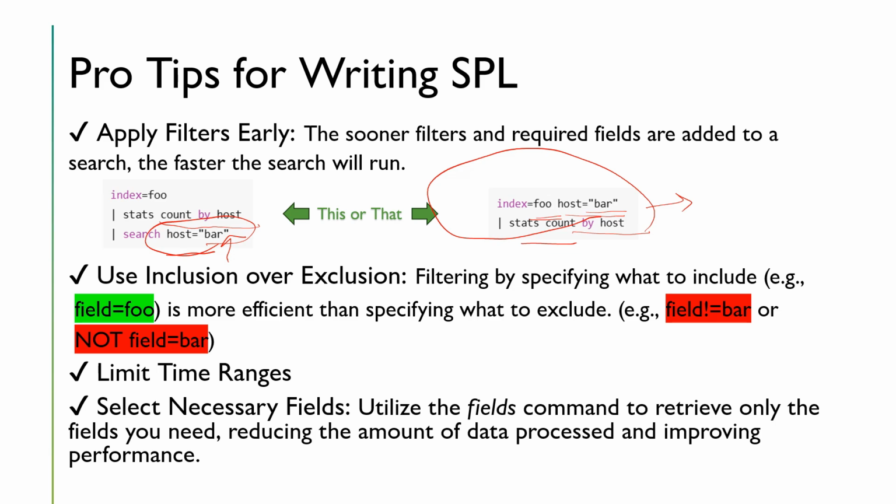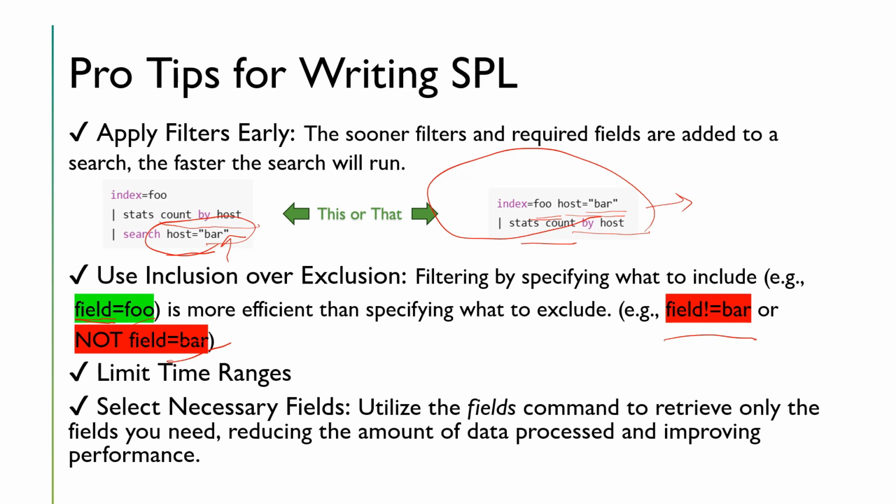For example, in your data, if there is a field, I'm just giving you an example here, field equals to something, and the data that you are looking for has values A, B, C. So if you can provide that inclusion, field equals A or field equals B, or field in A, B, C, whatever it is, that's the better way of writing queries instead of saying I don't need this data, I don't need that data, which is comparatively more resource consuming.